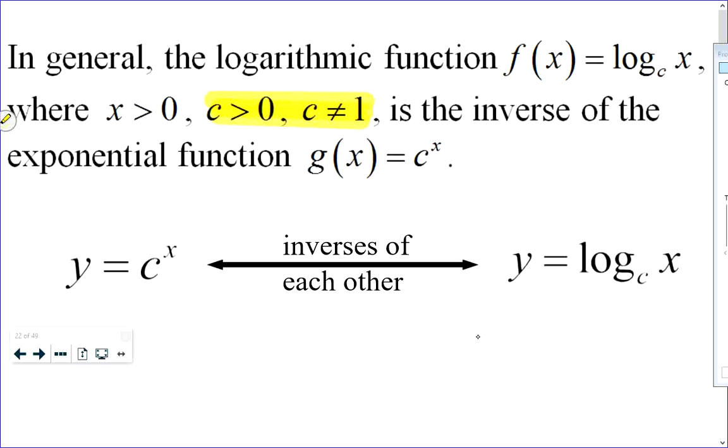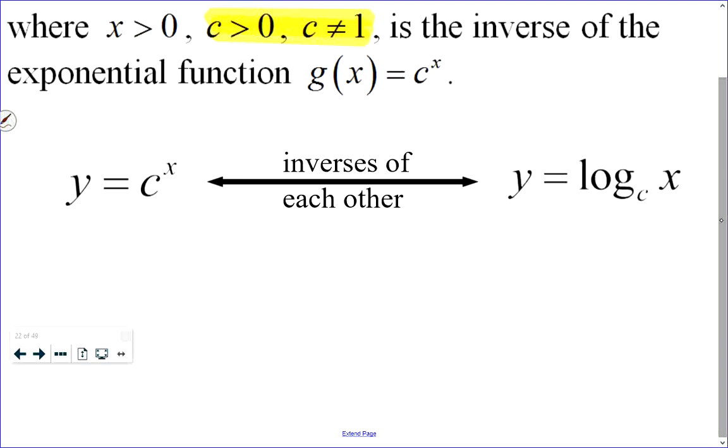Now, why does x have to be greater than 0? Well, let's say x was negative in this expression here.